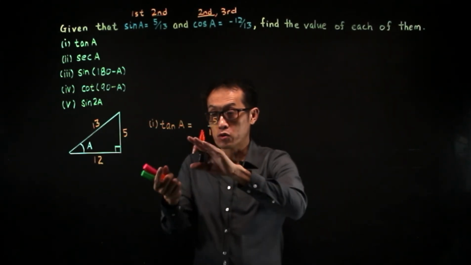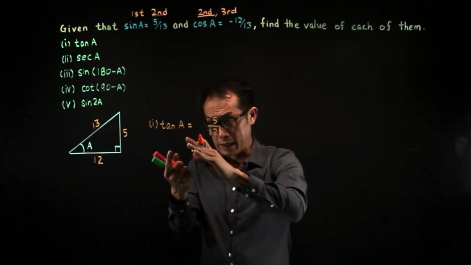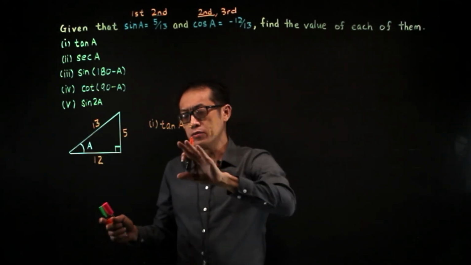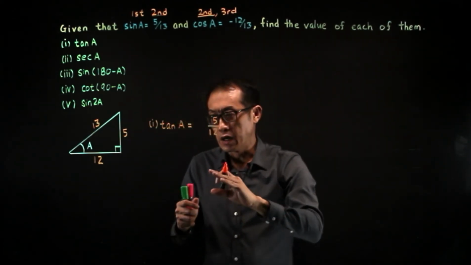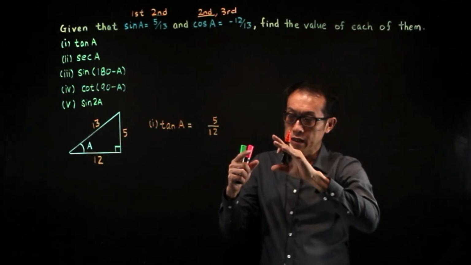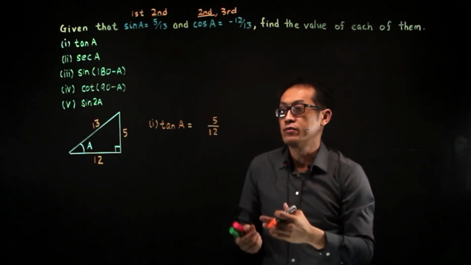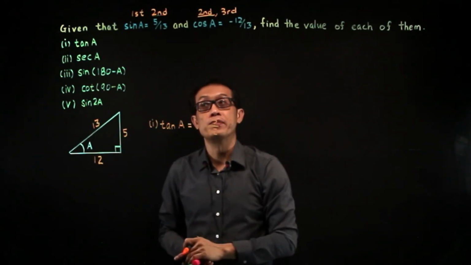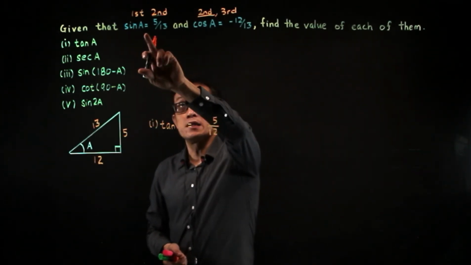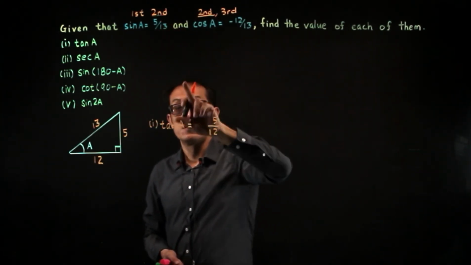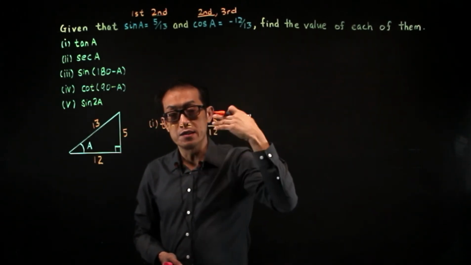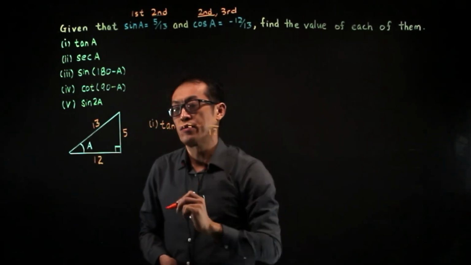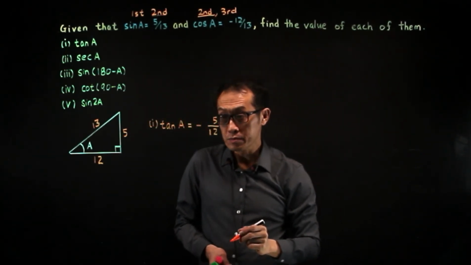That means you are not too sure whether this is plus or minus. This is just the numerical value, disregarding the sign. Should it be positive or negative? A is in the second quadrant, and tangent is negative in the second quadrant, so it should be minus 5 over 12.